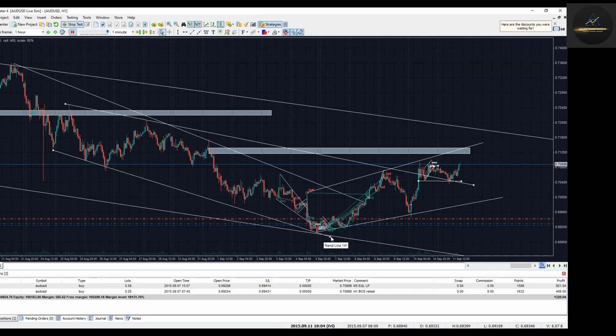There we go. That's more like it. 1, 2, 3, 4, 5. There's the 5 wave here. 1, 2, 3, 4, 5. Then we've got another 1, 2, 3, 4, 5. And this has broken. Okay. Now we had a retest down here.